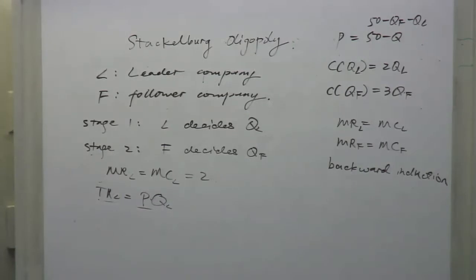So this is your total revenue for Q, right? And find marginal revenue: take the derivative of this with respect to Q. Let's try that.